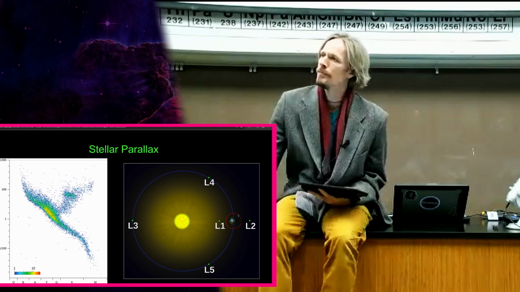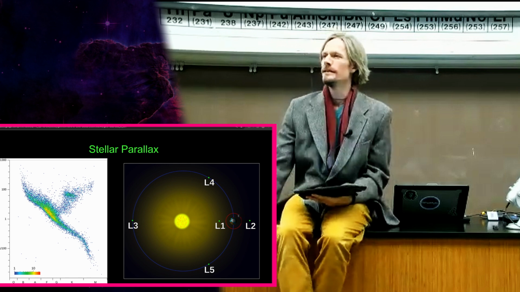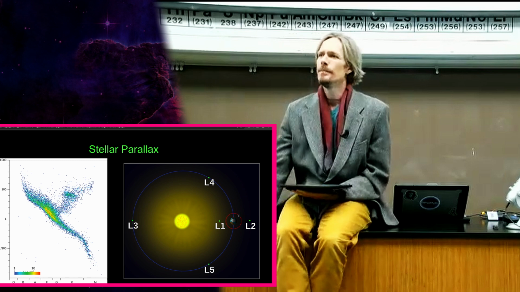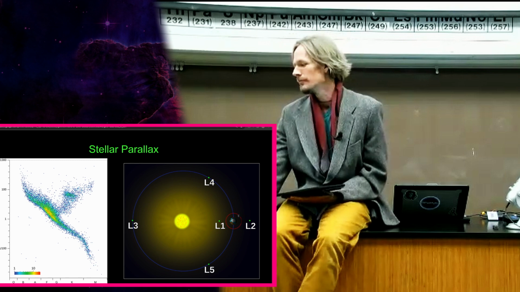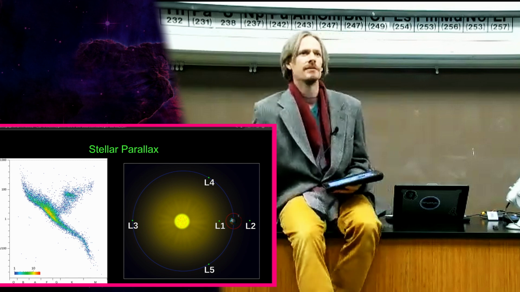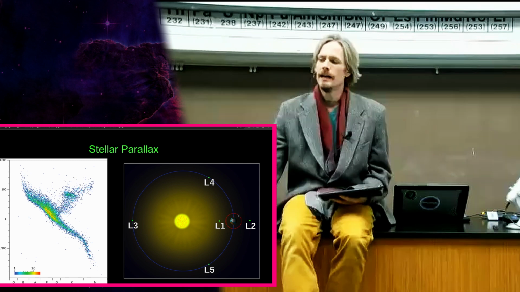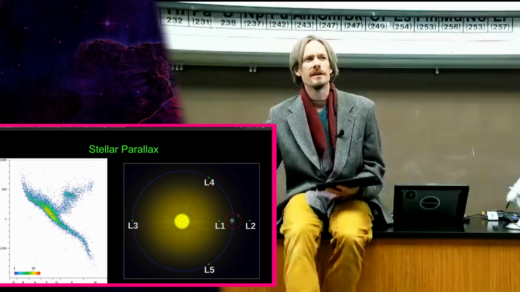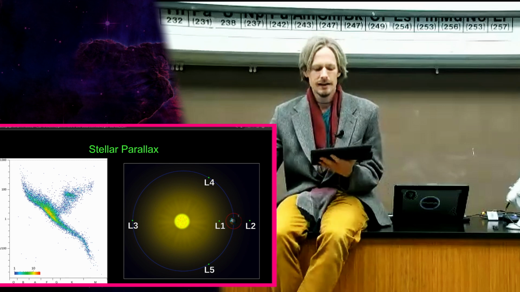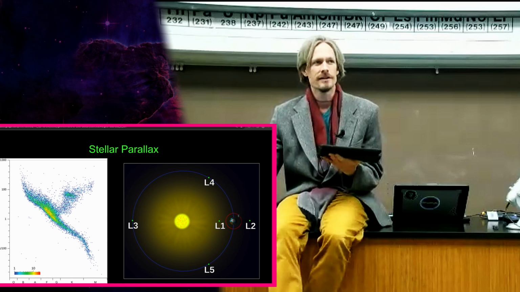Now, these parallaxes are so small that people didn't believe they could be measured at all for most of human history. They certainly can't be seen with the naked eye. Once telescopes started to become high-tech, we were able to finally resolve some of these.